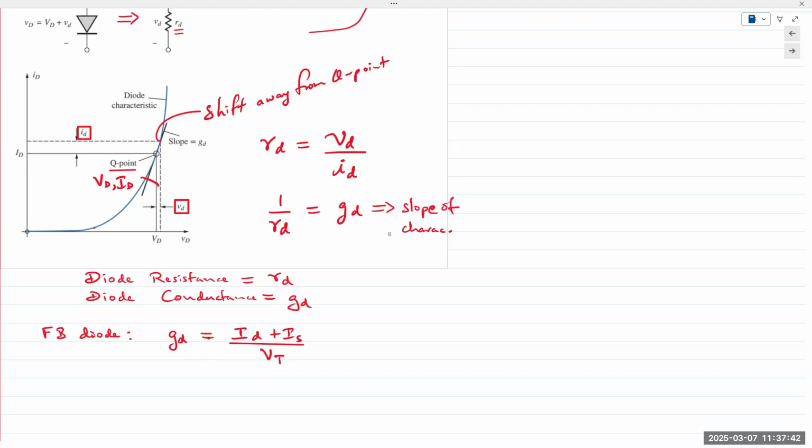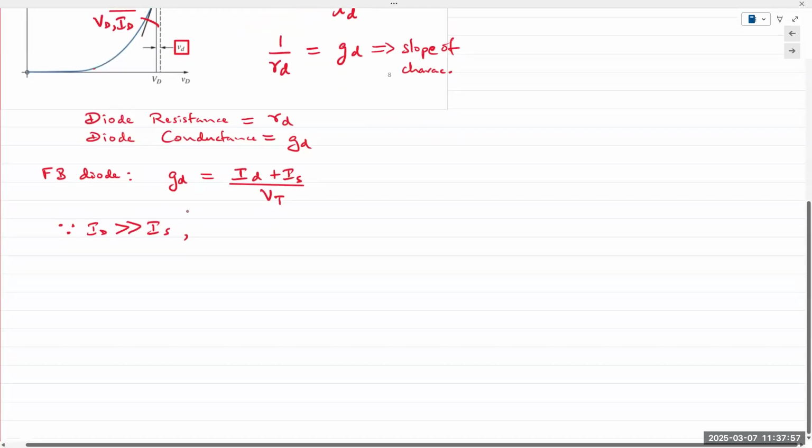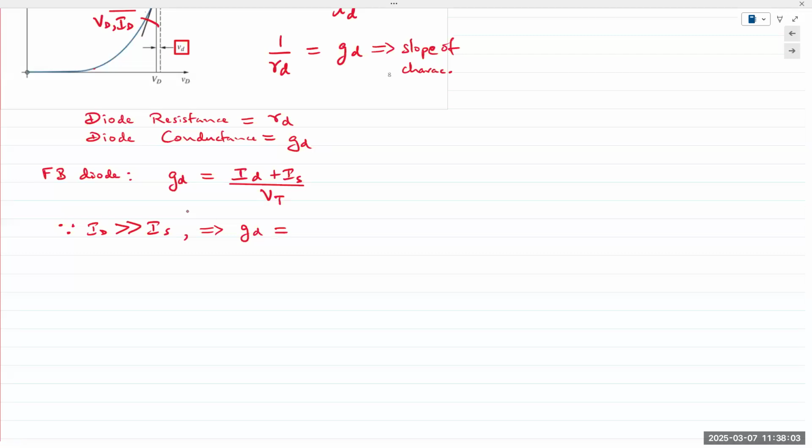Typically, ID is much, much larger than IS. We can write conductance is approximately equal to diode current over thermal voltage.